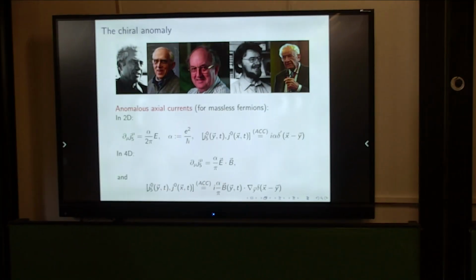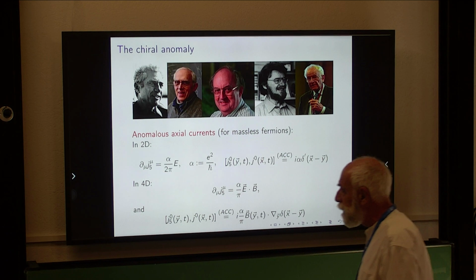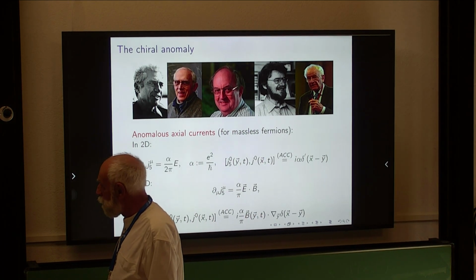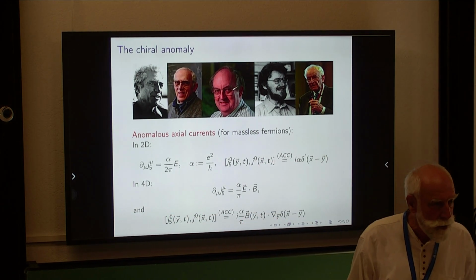It's also good to compute the commutator of the zero component of the axial vector current and the vector current, and in 1+1 dimensions, this commutator is proportional to the derivative of the spatial delta function.